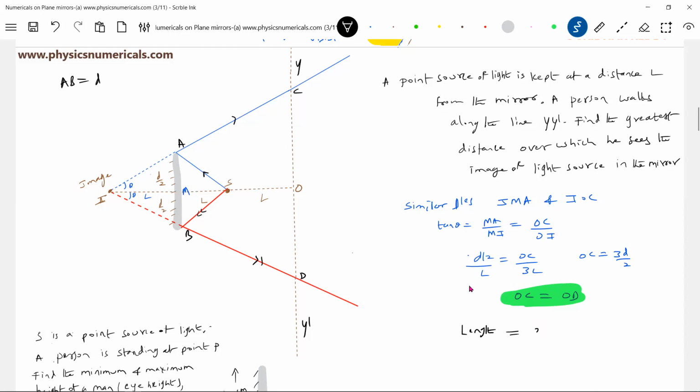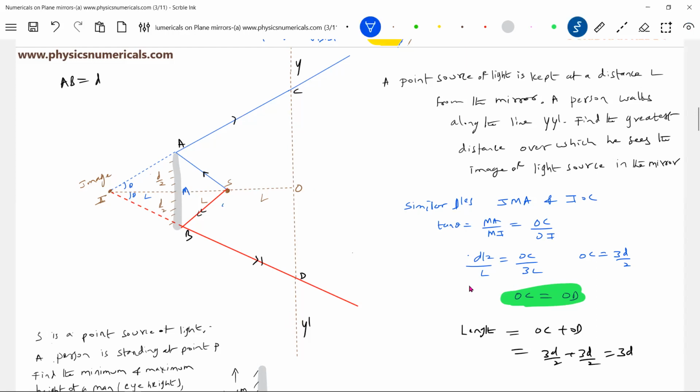It should be OC plus OD. OC is 3D by 2 and OD is 3D by 2, so the distance will be 3D. For a length of 3D, this image will be visible. Once the person is outside, the image will not be visible.